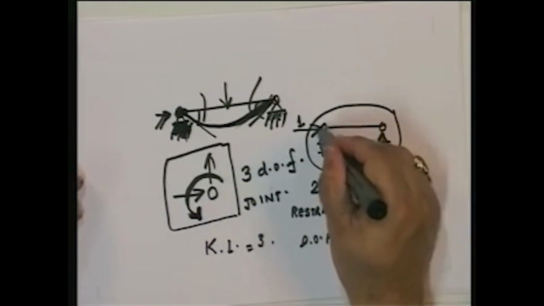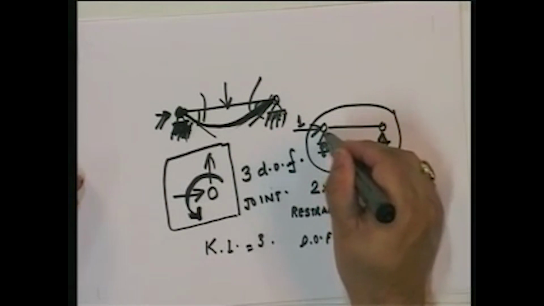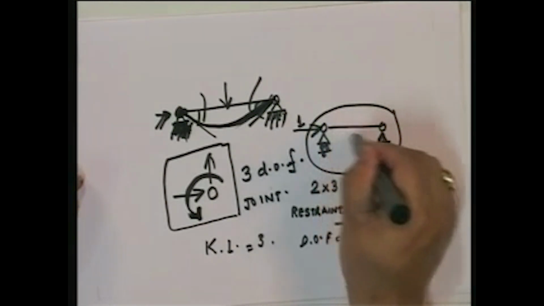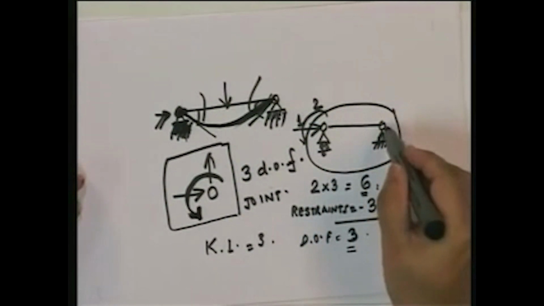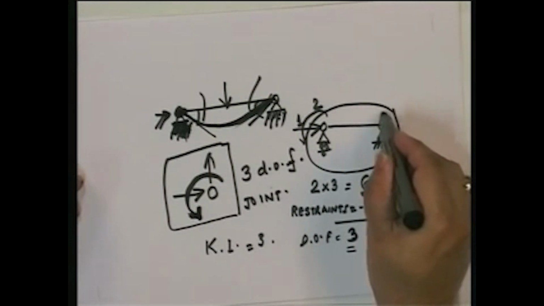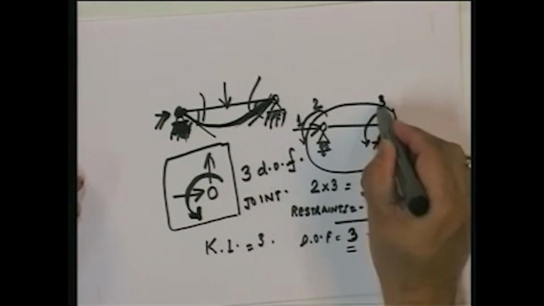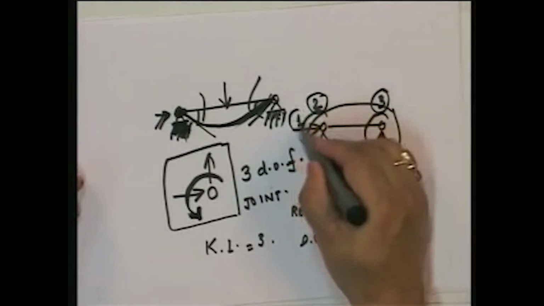Then this is a pin roller, right? So it allows free rotation. So this is another degree of freedom. This joint restrains both the motions but allows it to rotate, and that is my third degree of freedom.